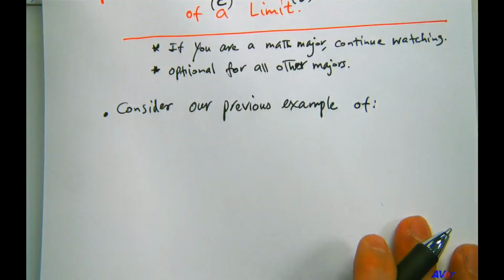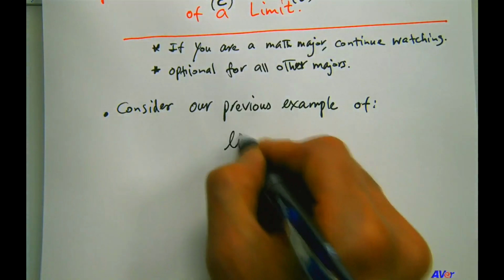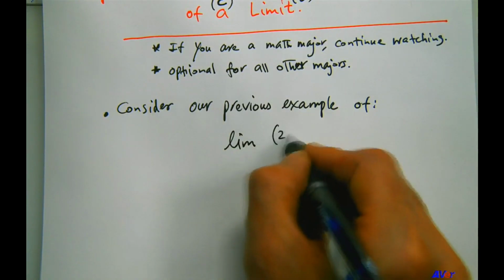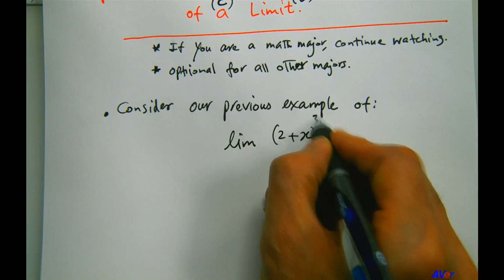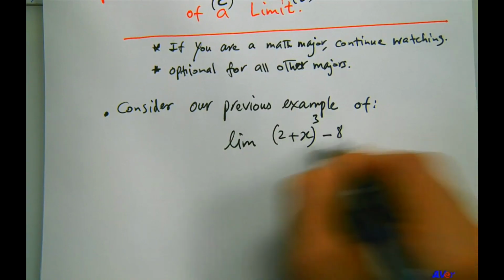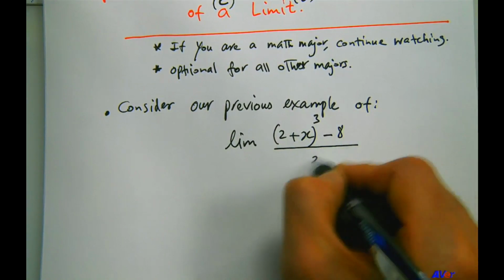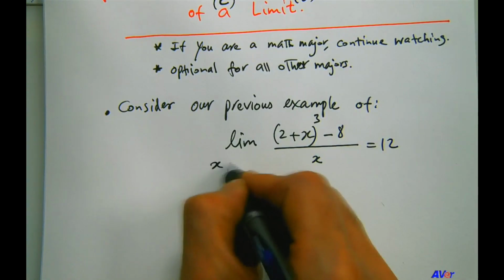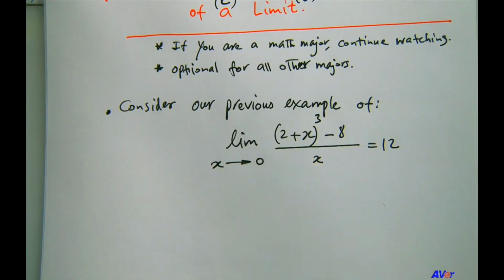Consider the previous example of the limit of this function, 2 plus x cubed minus 8 divided by x, which we found is equal to 12 as x approaches 0. Okay, this is something that we worked on.